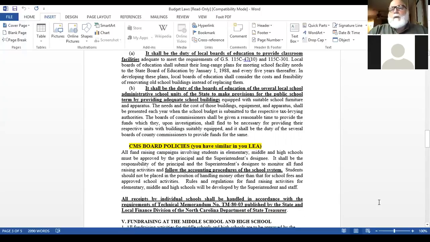Again, it's up to the local board of education to build and maintain school buildings. In 1965, the state of North Carolina got out of school building funding. The Leandro case, as I have alluded to before, was the poor districts basically suing the state and saying that they needed to change the funding formula because the wealthy districts were able to put more local dollars in, and they were really being hurt by the state funding, and they also wanted the state to start helping with buildings again.